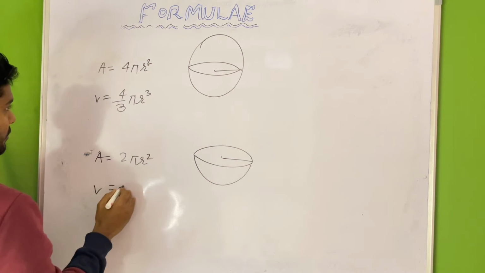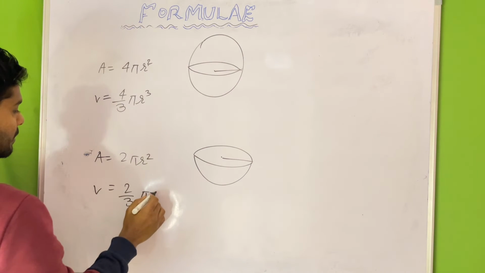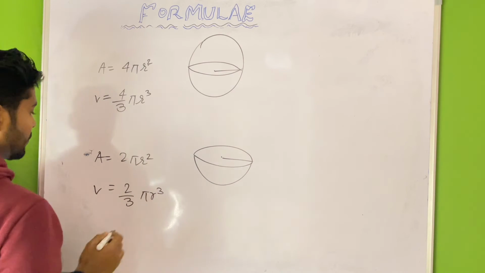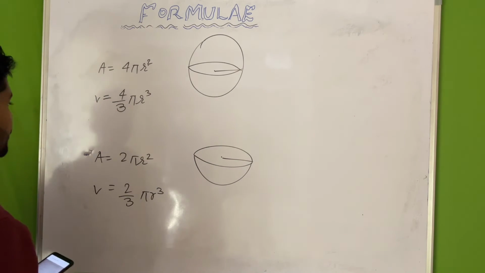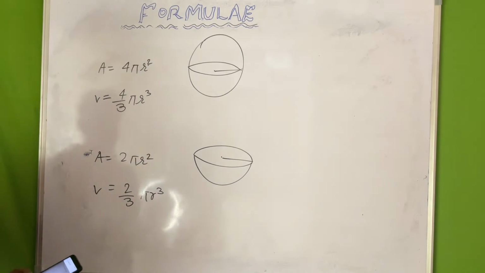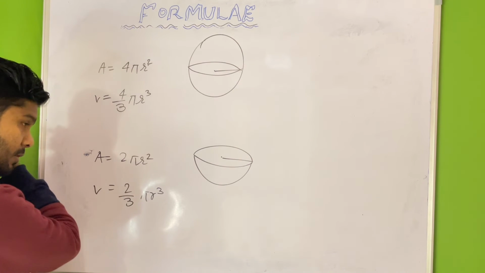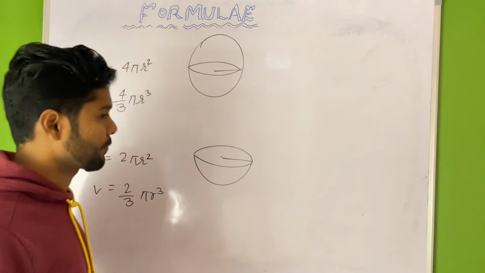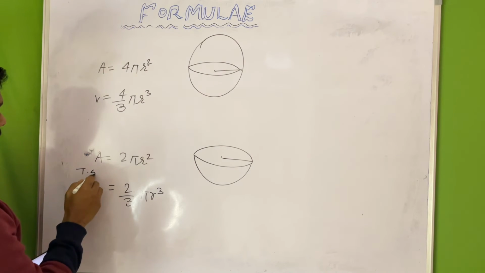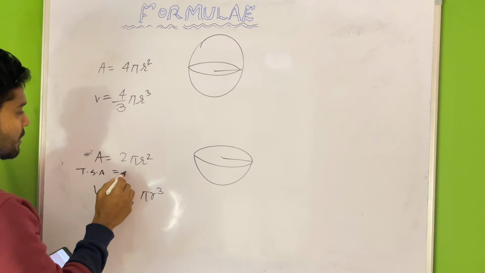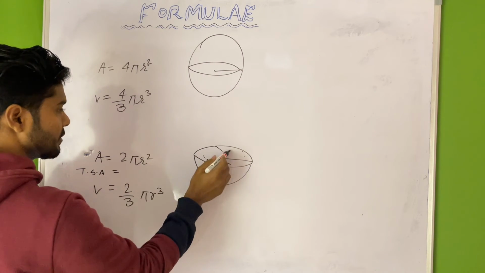Volume is 2 by 3 pi r cube. And one thing is, total surface area of this hemisphere is the area of this hemisphere plus area of this circle.